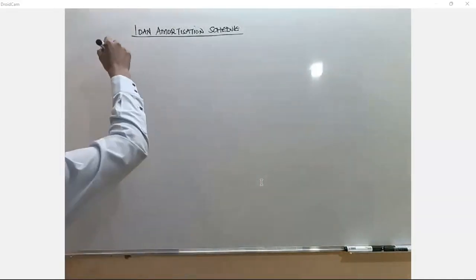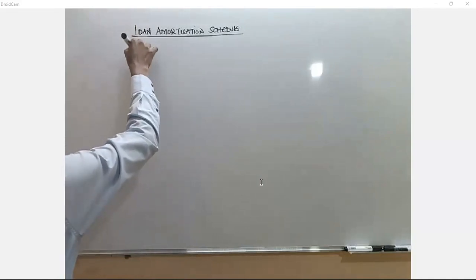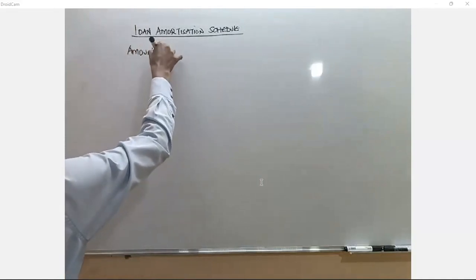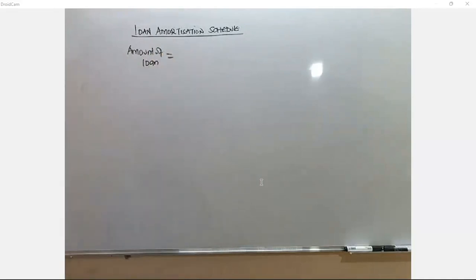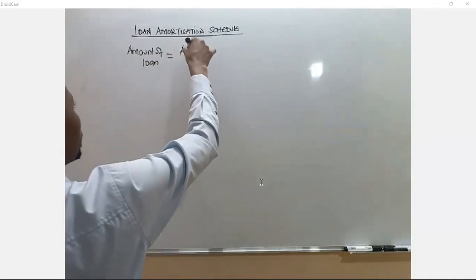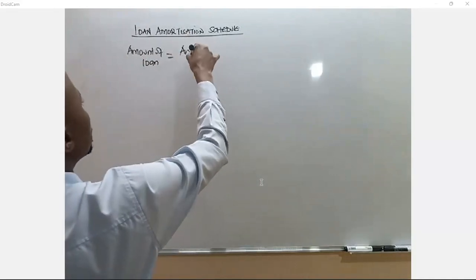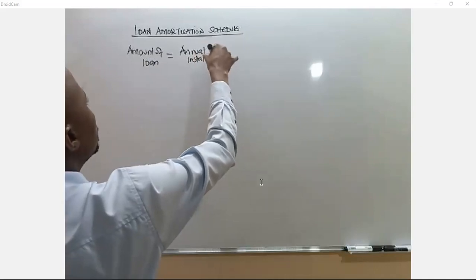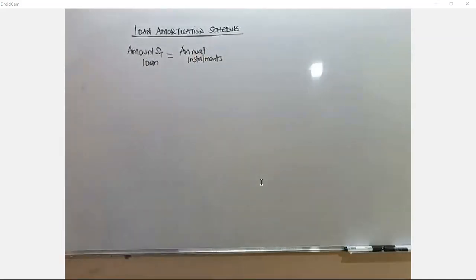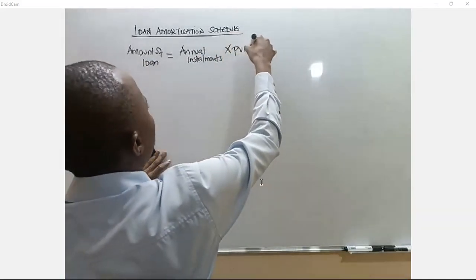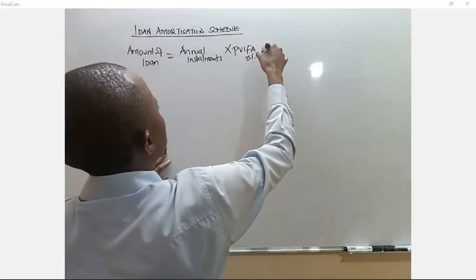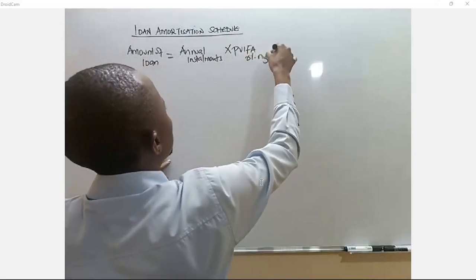To get that, we look at the formula. The amount of loan equals the annual installment you are supposed to be paying, multiplied by, since we have been told it is an annuity, the present value interest factor annuity, R% N years.